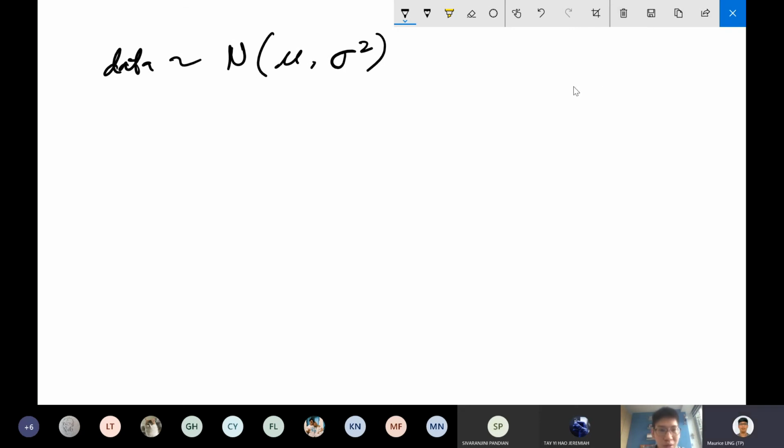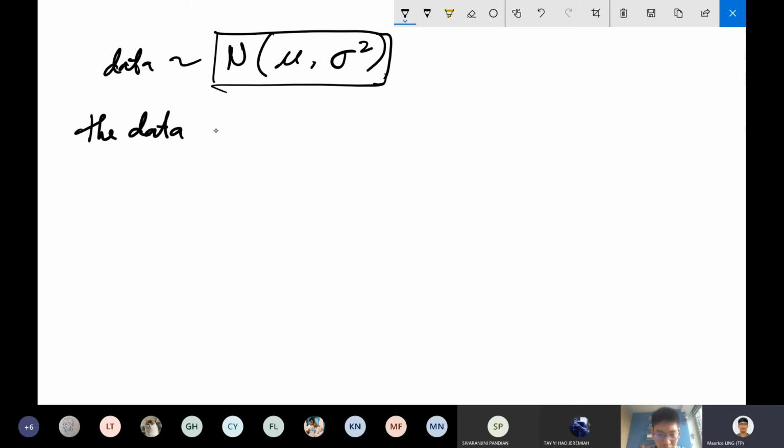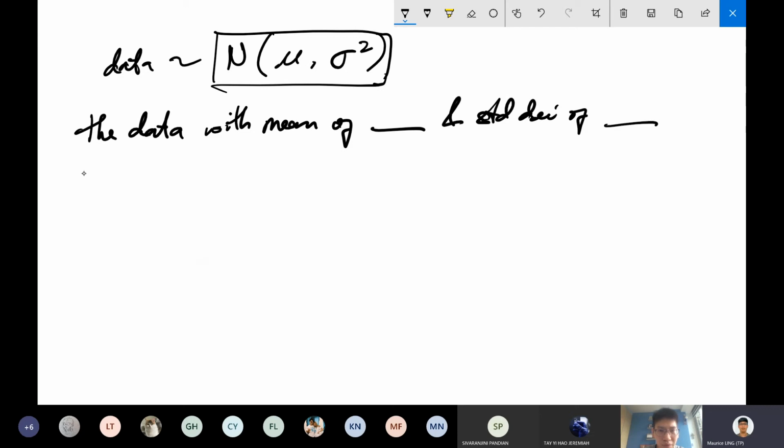So usually my advice is try not to write this. It's easy to get wrong. Just write in words: the data with mean of what and standard deviation or variance of what follows a normal distribution.